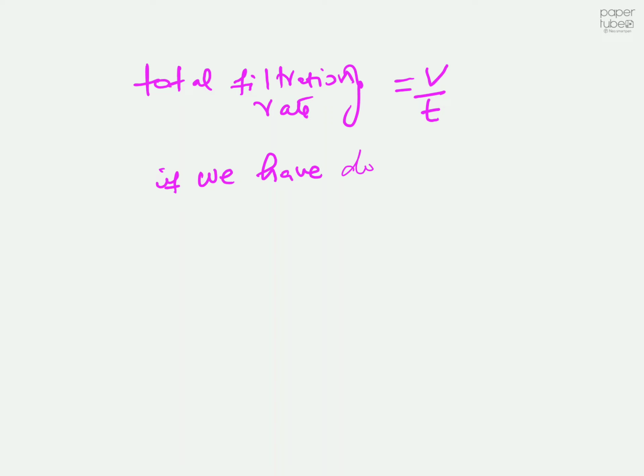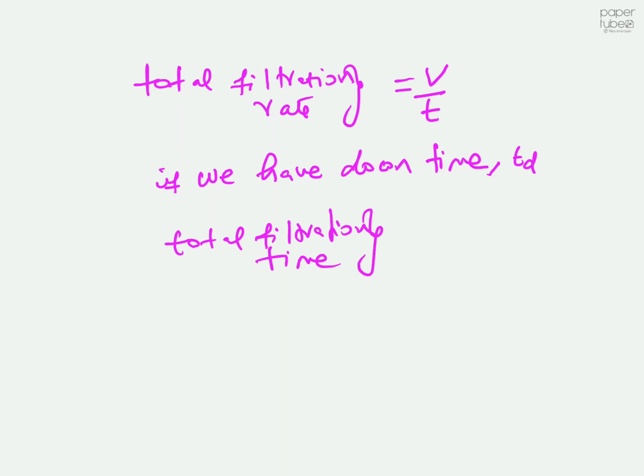In this case the downtime is equal to 1200 seconds, indicated by the notation TD. Then the total filtration rate is equal to V divided by T plus TD. Once you solve this problem, you will understand what we are solving at the moment. This is a very tricky problem, and sorry for going very slow. So V divided by T plus TD. Oh, what is this?